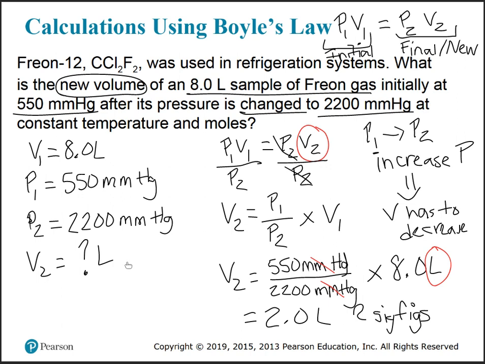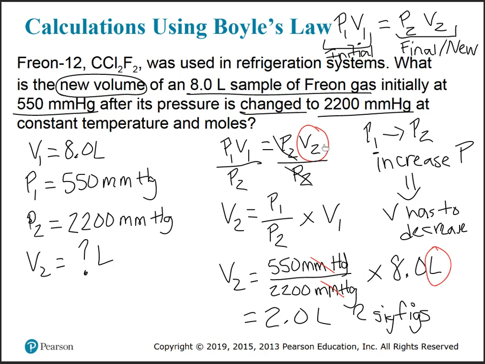We have an equation that says the pressure and volume for one system, if you change something in that system, you can calculate the new pressure or the new volume. So P1V1 is equal to P2V2.